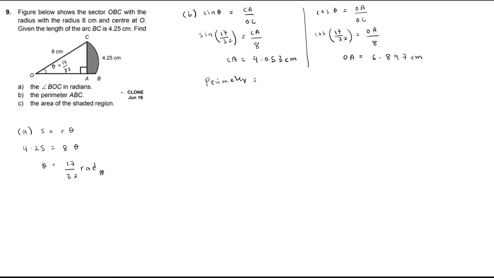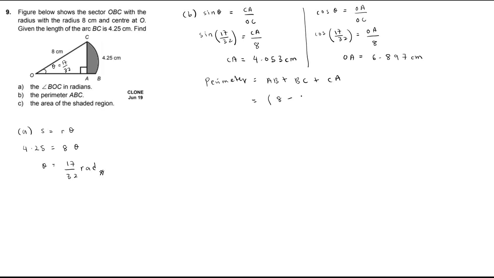Okay, now that we know the length of CA and OA, we can calculate the perimeter. Okay, for the perimeter ABC, so AB plus BC and then plus CA. Length of AB is 8 cm. Okay, length of OB minus OA.